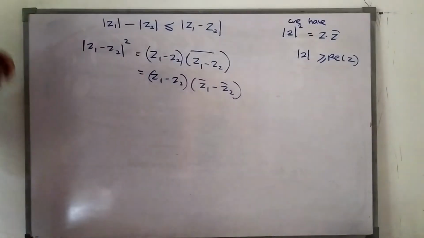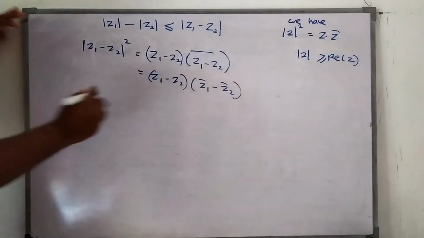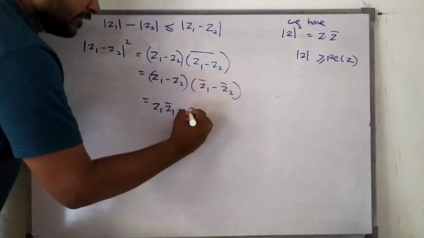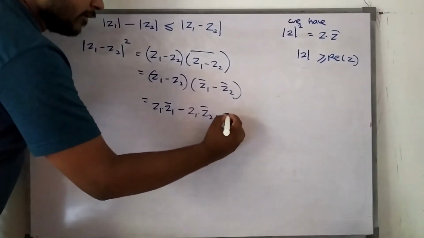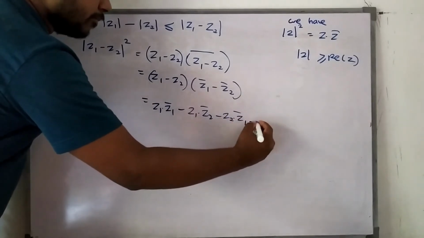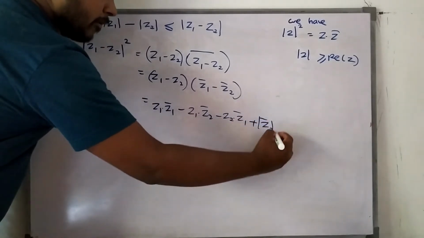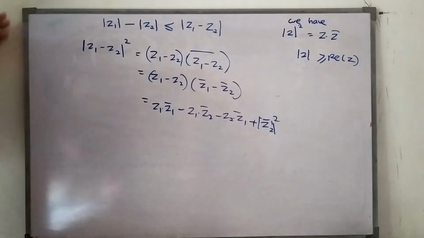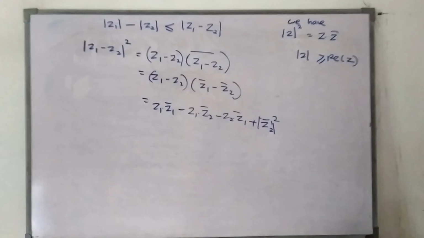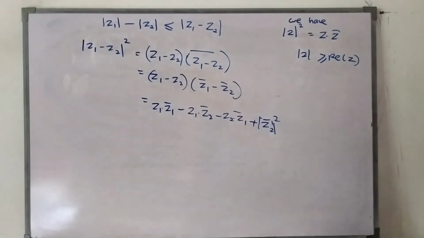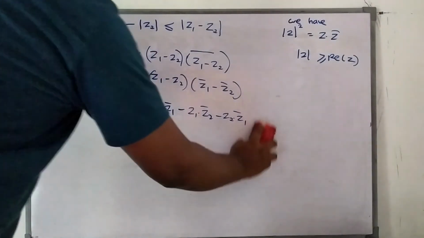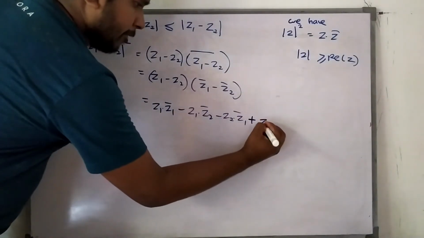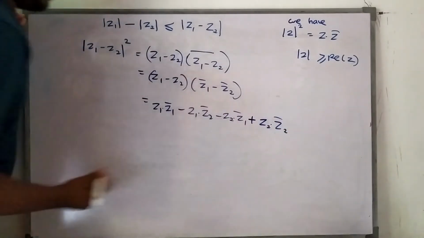So we can separately put the bars, and also z1 z1 bar minus z1 z2 bar, minus z2 z1 bar plus z2 z2 bar.